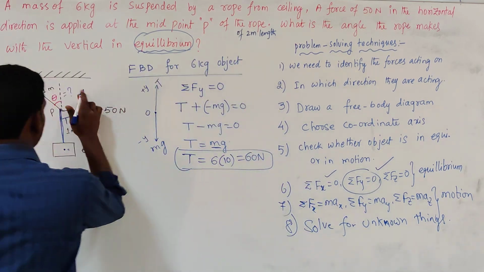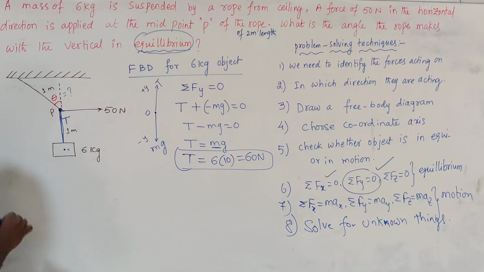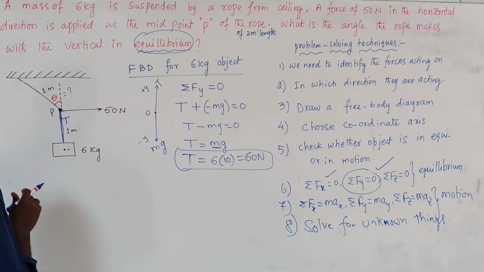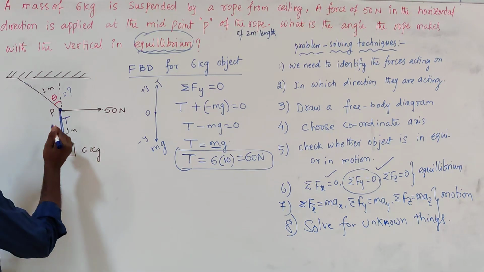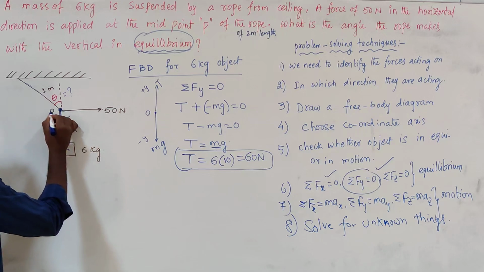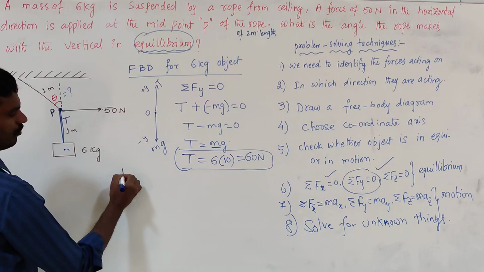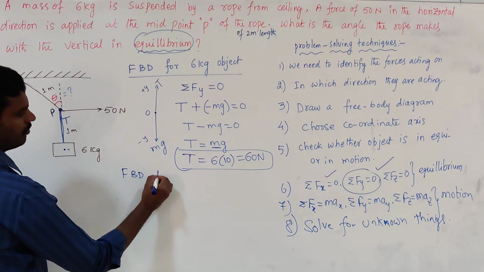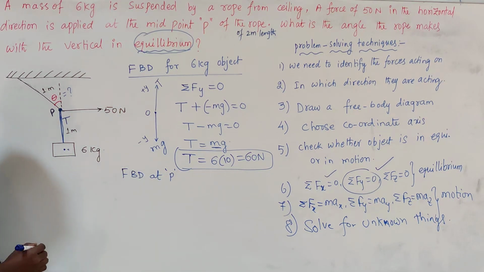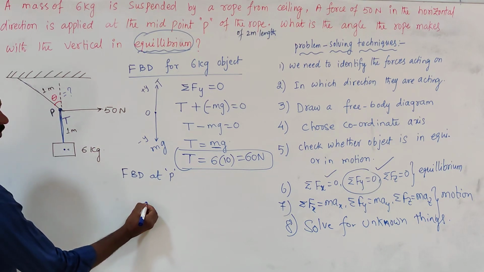For this we need to draw a free body diagram again, at junction P. So at P, the free body diagram at point P. How many forces are acting?